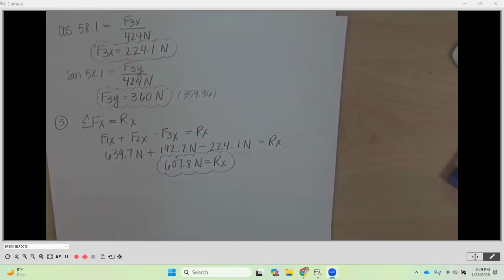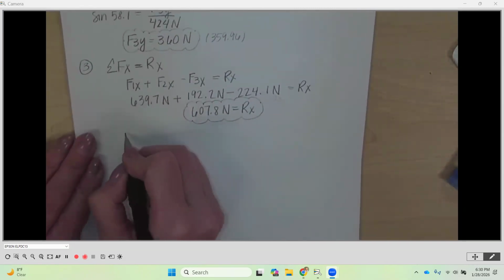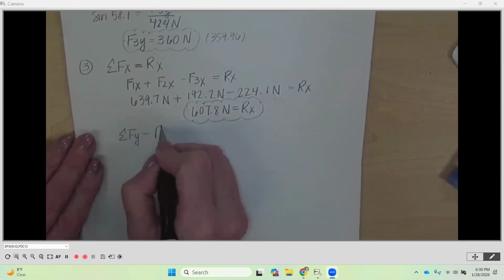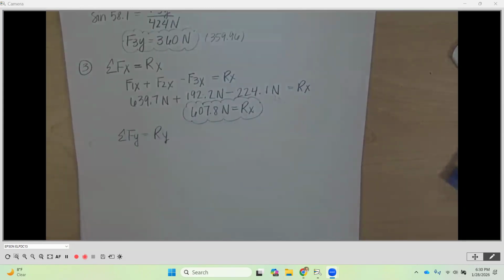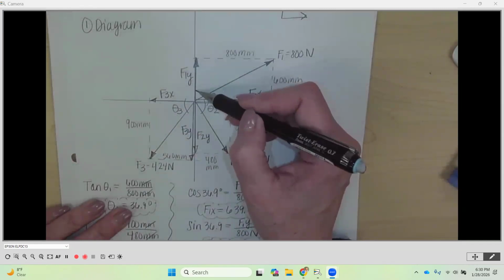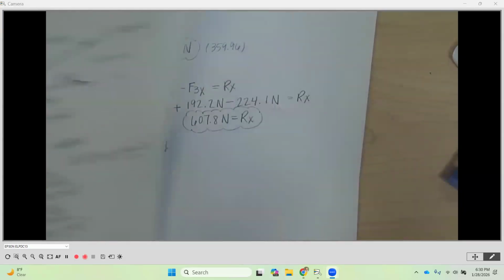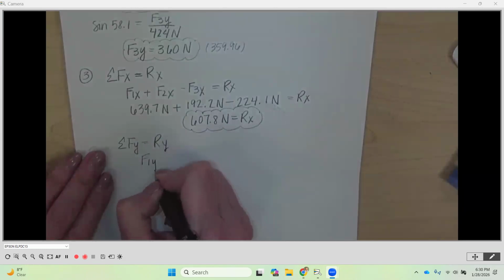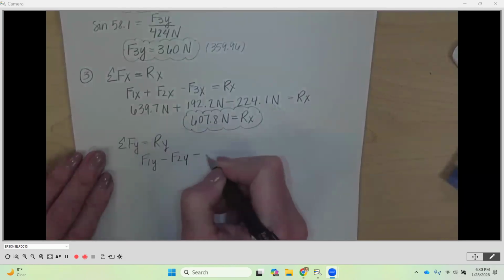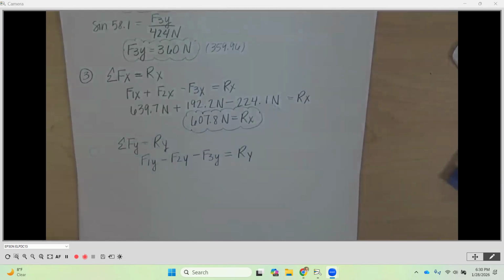Yeah. Okay. And now we want to sum our forces in the Y direction to get that resultant Y component. So the sum of our forces in the Y equals RY. Going back over here, we're going to have a positive F1Y, a negative F2Y, and a negative F3Y, and we're going to set that equal to the resultant Y component.